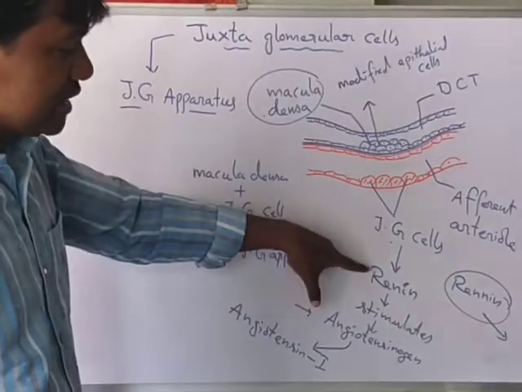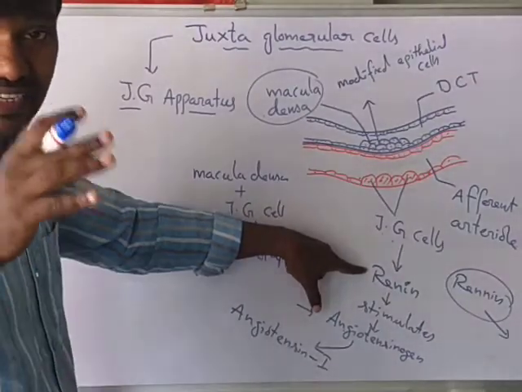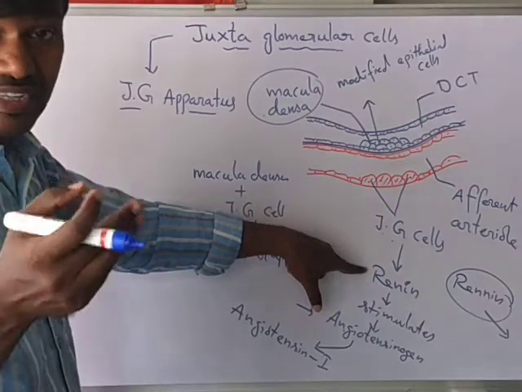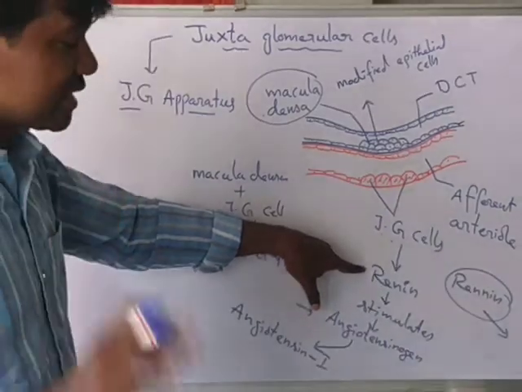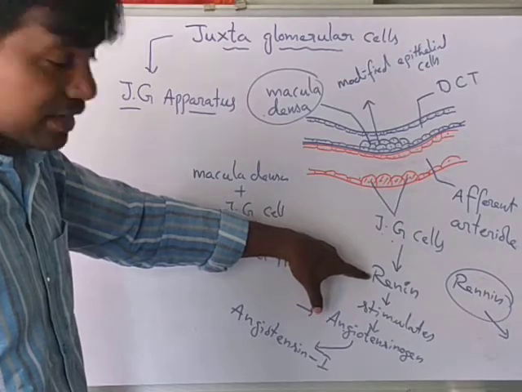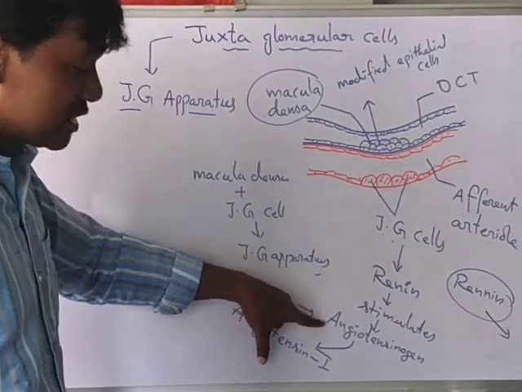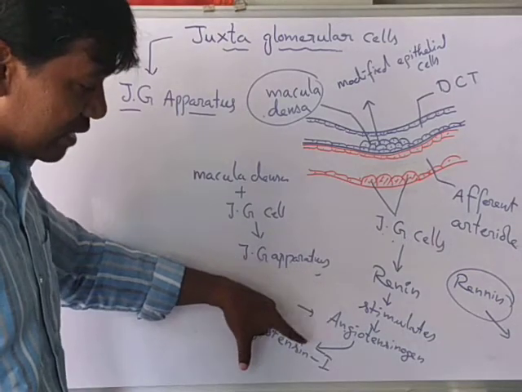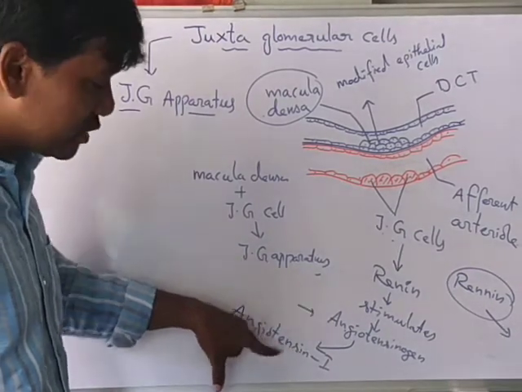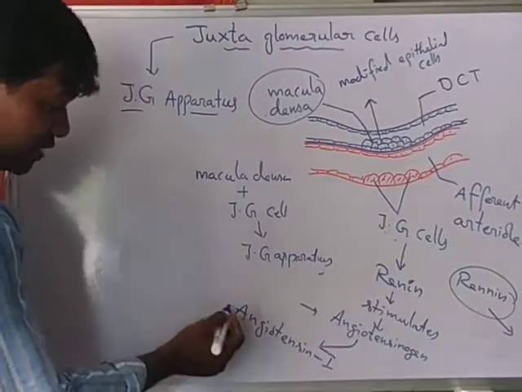At the time of blood pressure fall, or when glomerular filtration is decreased, the juxtaglomerular cells secrete the enzyme renin. Renin acts on angiotensinogen, an inactive form, which is converted into angiotensin 1.